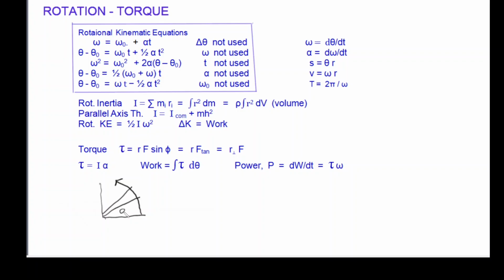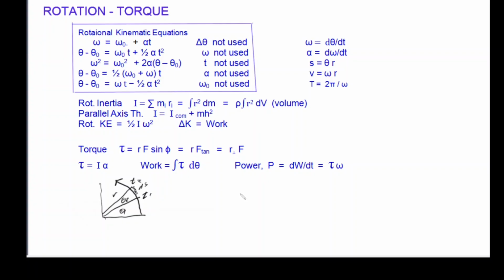and if we call this theta 1 and theta 2, this is the radius, this is time 2 and time 1 as it rotates, and this is a segment ds.